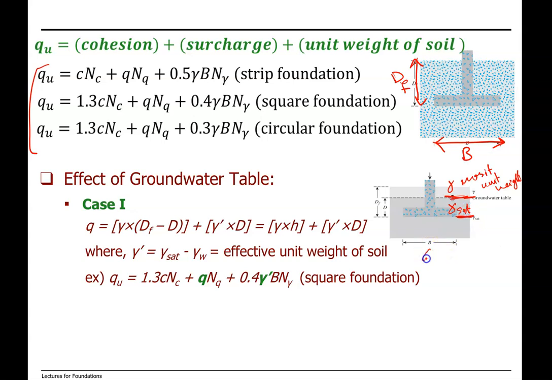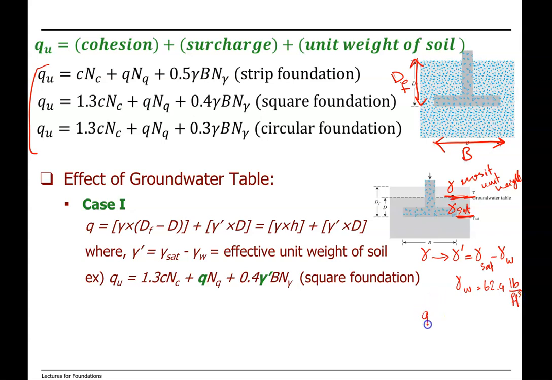So instead of gamma, we need to use effective gamma, which is gamma saturated minus gamma W. Gamma W is 62.4 pound per cubic feet.